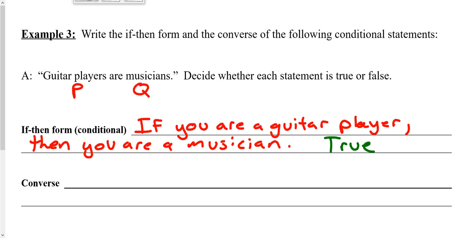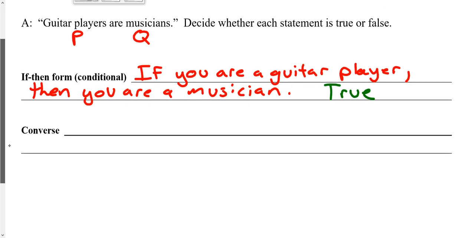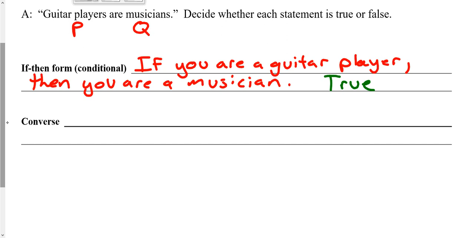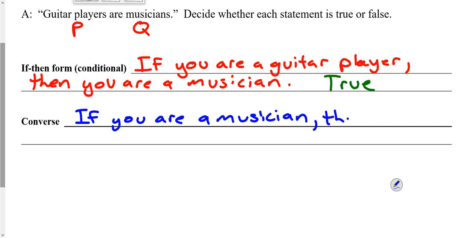Now we need to write the converse of that. And remember, converse is switching your hypothesis and conclusion. Our hypothesis was if you are a guitar player, and the conclusion was then you are a musician. We need to switch those in our if-then statement. So now we're going to say if you are a musician, then you are a guitar player.